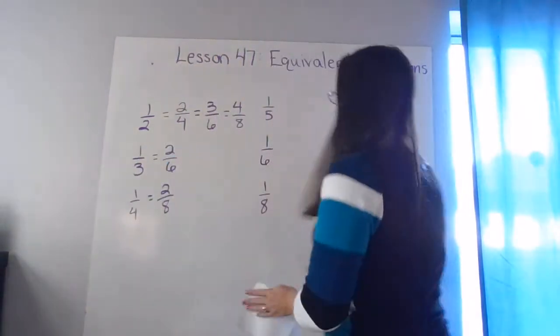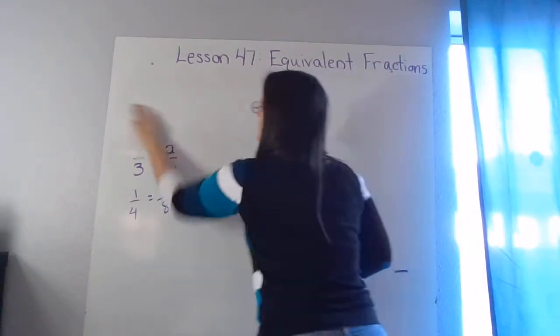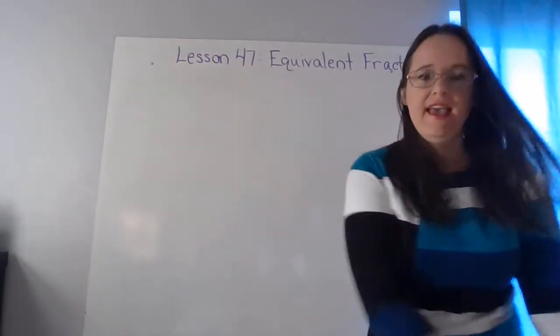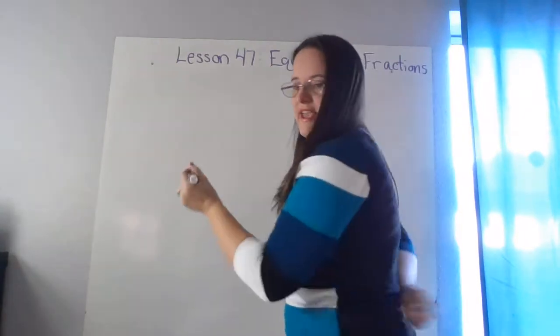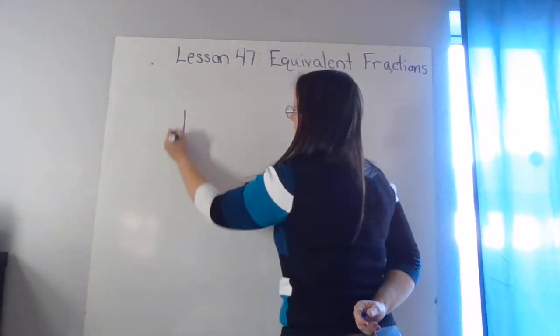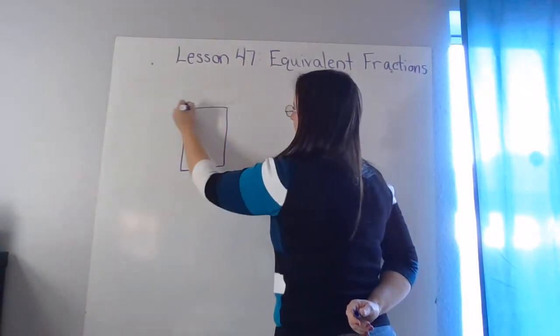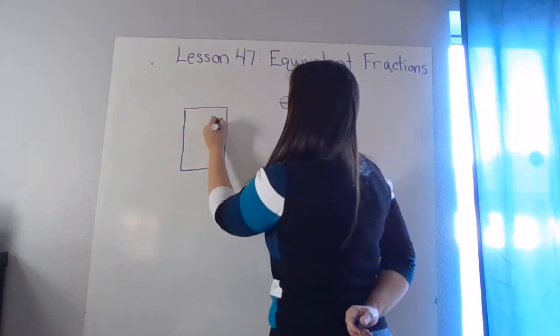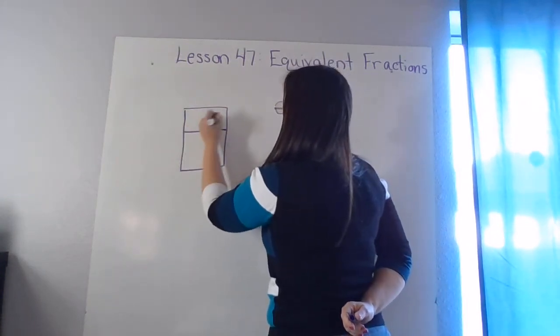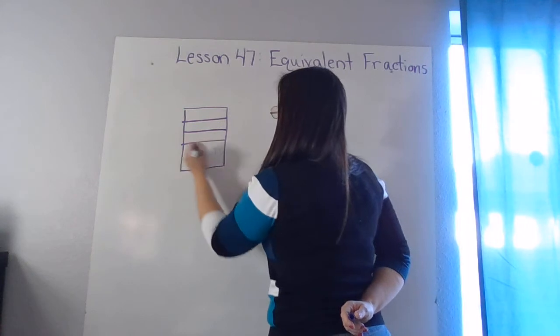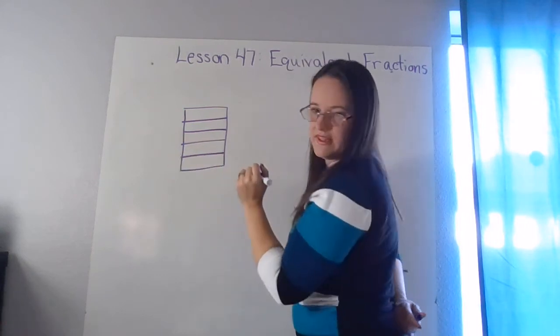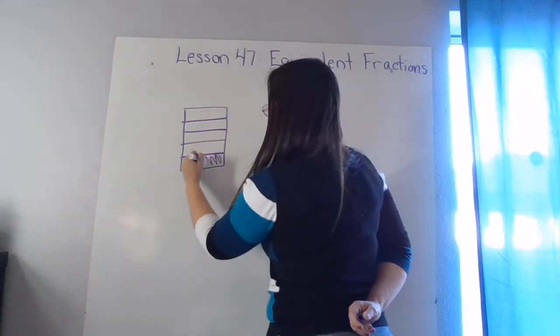Okay, so let's get rid of these. And for this example, we have a picture. In fact, we're going to look at the fifths right now. So let's say 3 of these are colored in.